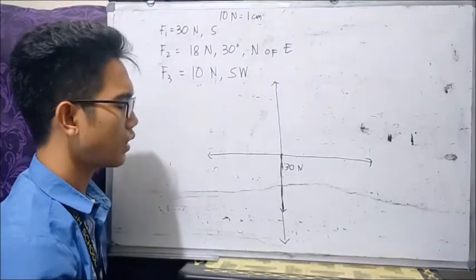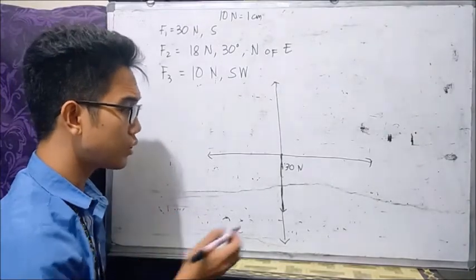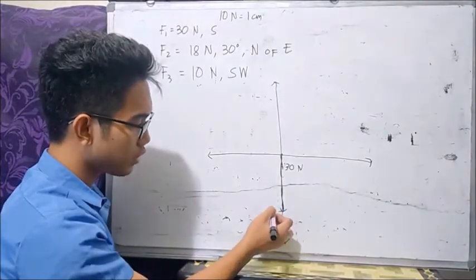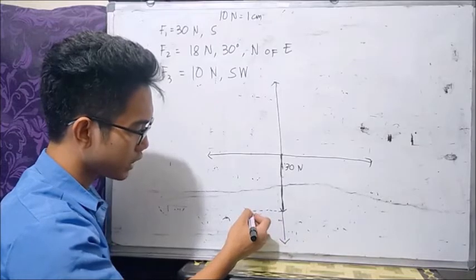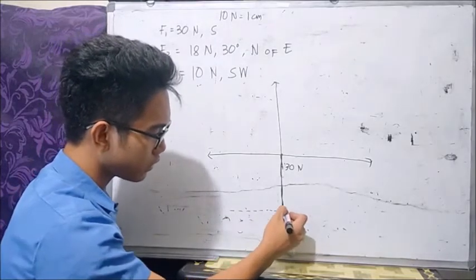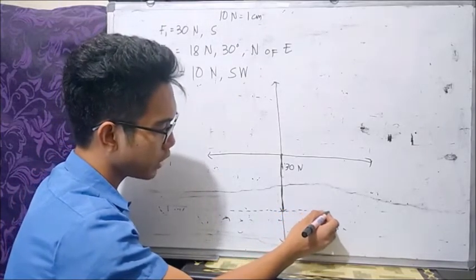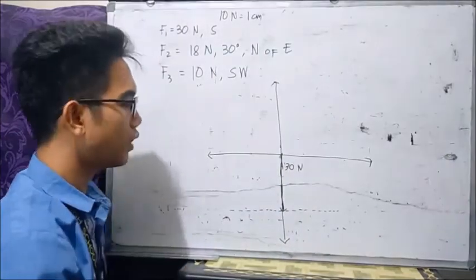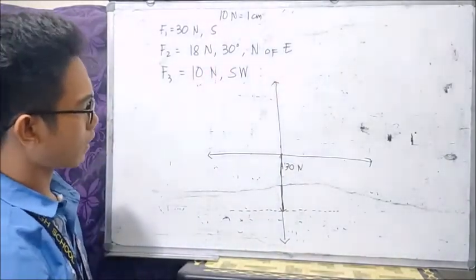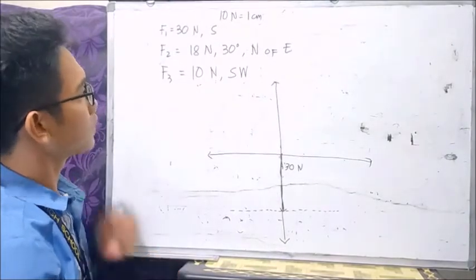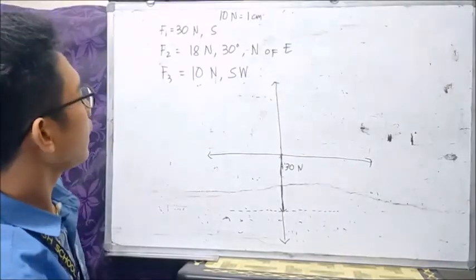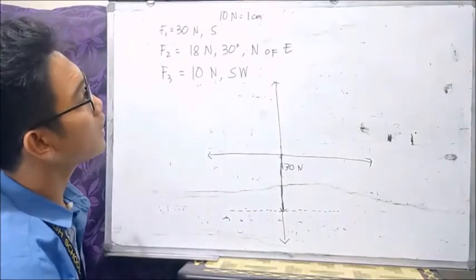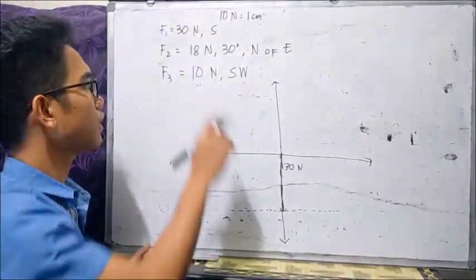Now next, you are going to draw another Cartesian plane. Just make it a dash line. Okay, so you are going to make another Cartesian plane, and then there, next is 18 Newton, 30 degrees north of east. That is 18 Newton.